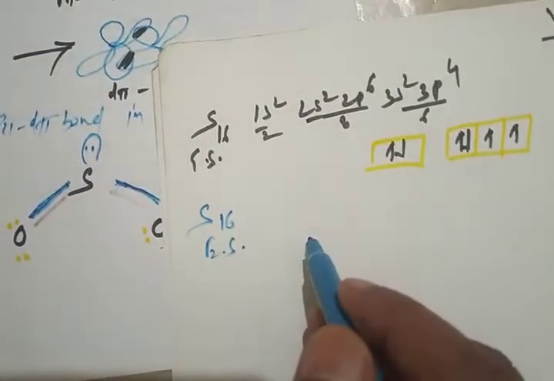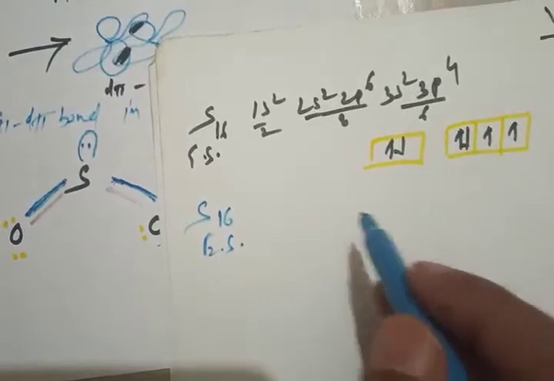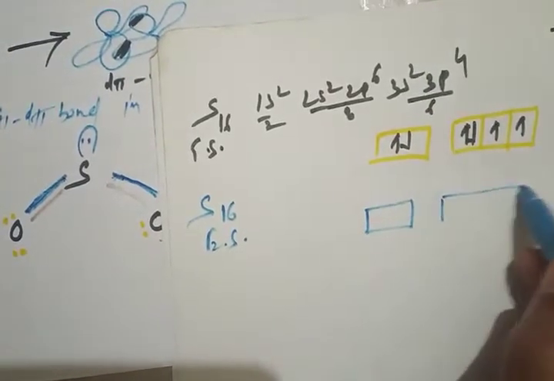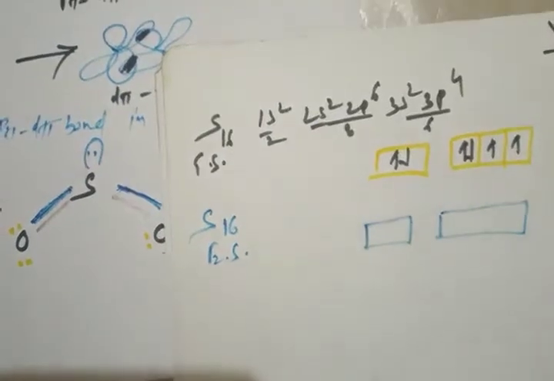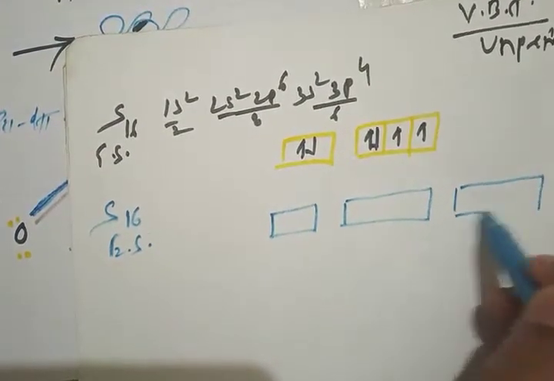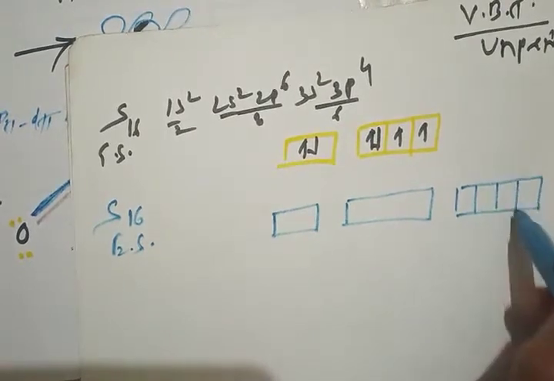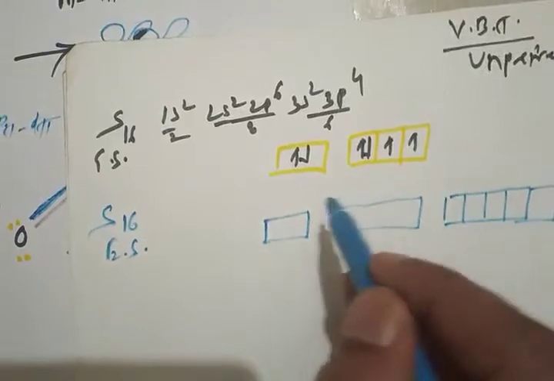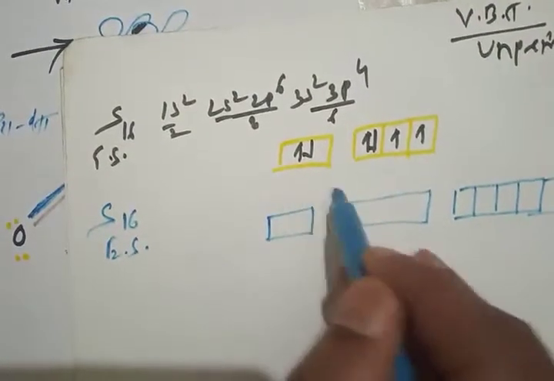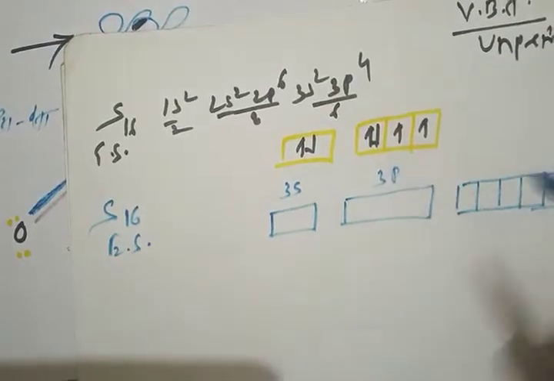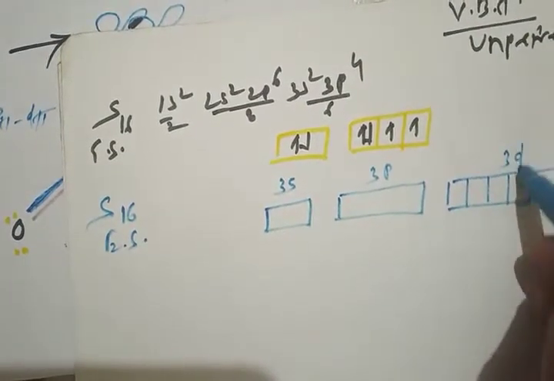Okay, in the excited state what will happen? Because we require 4 unpaired electrons, point to be noted. So what will happen here? This is the 3s, this is the 3p, and this is the 3d.